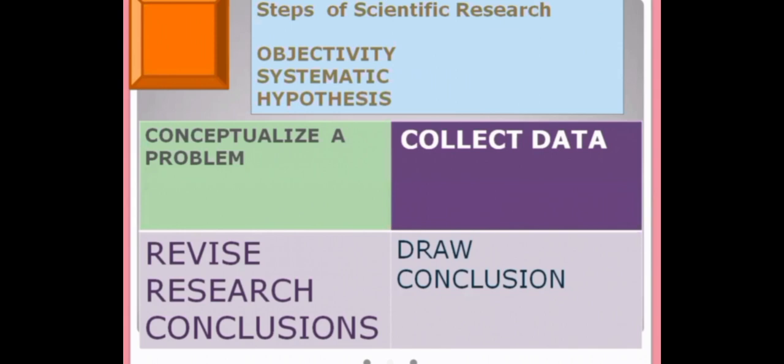Conceptualizing a problem means defining a problem. We discover a problem and try to find a tentative solution to it, that means formation of a hypothesis. As the hypothesis is ready, we are about to investigate our data to see whether it is significant or not. For this we have to consider the entire study.